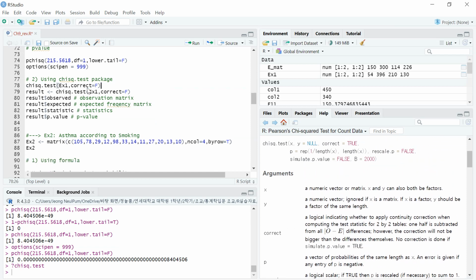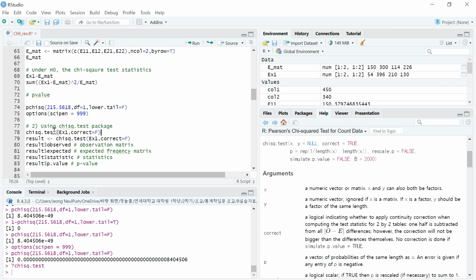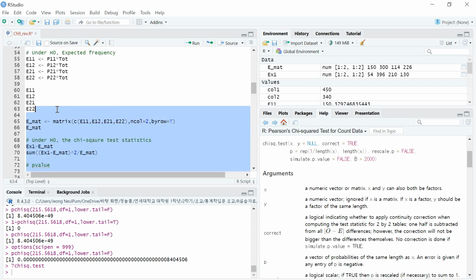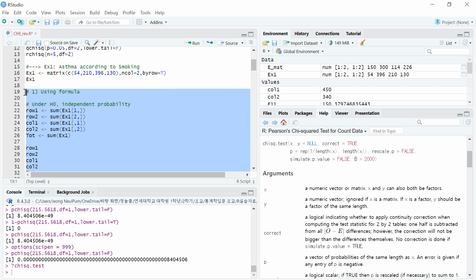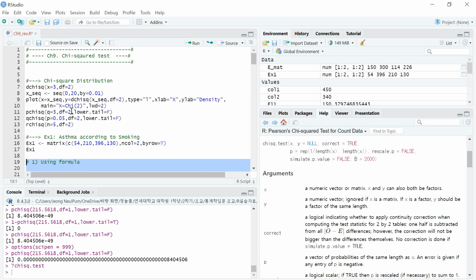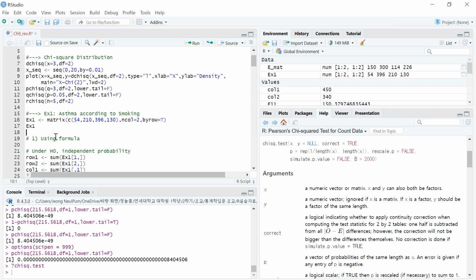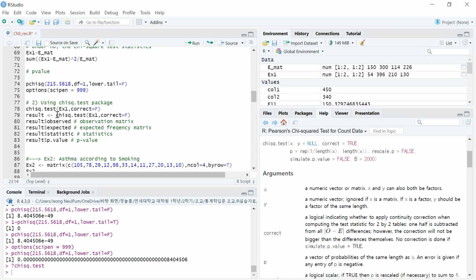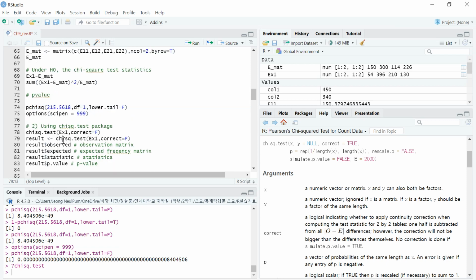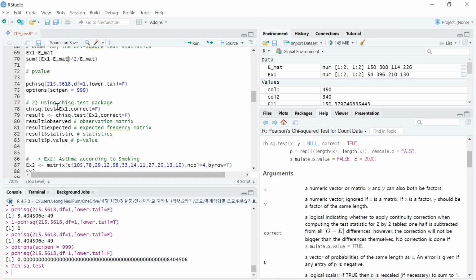By doing this code, we could do the hypothesis testing based on the formula. However, there is also a function that helps us do the same hypothesis testing. So we can expect that this chi-square test function gives us the same result as the previous one.